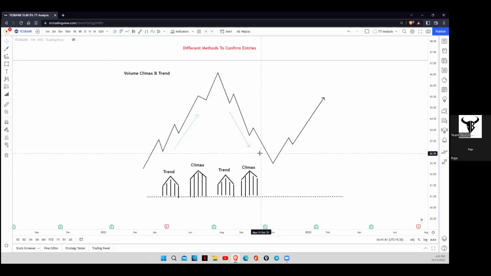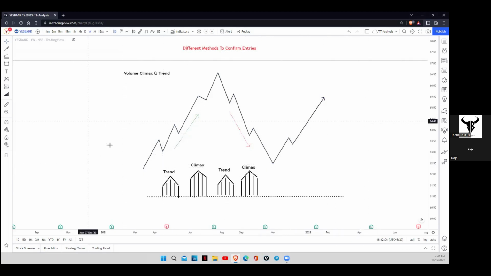So at these areas, you need to take confirmations on where to enter and which candle to take into consideration. Some people take bullish engulfing, some take haramis, and some take morning stars, evening stars, and whatever confirmations you take from the candlesticks and your oscillators.